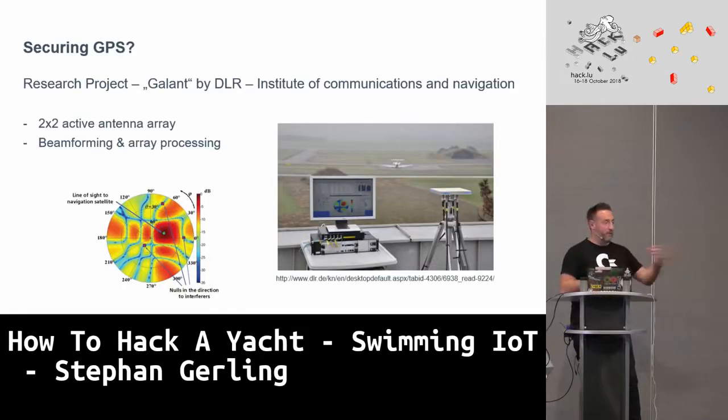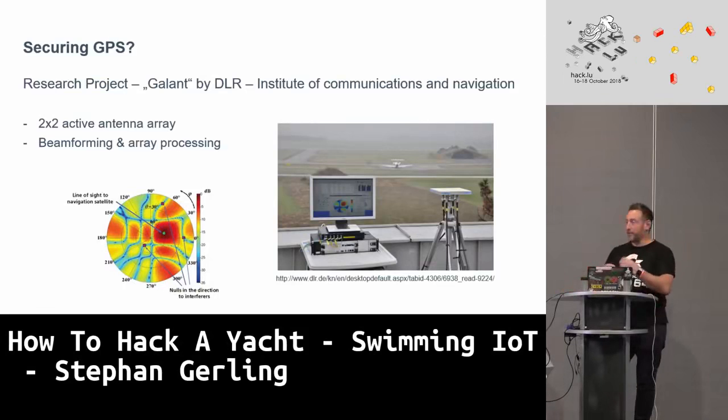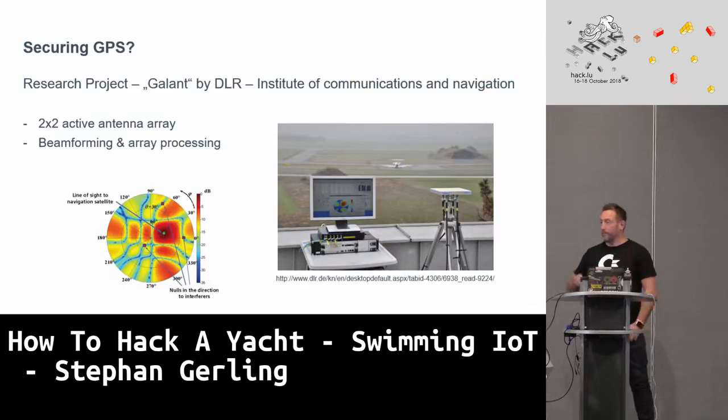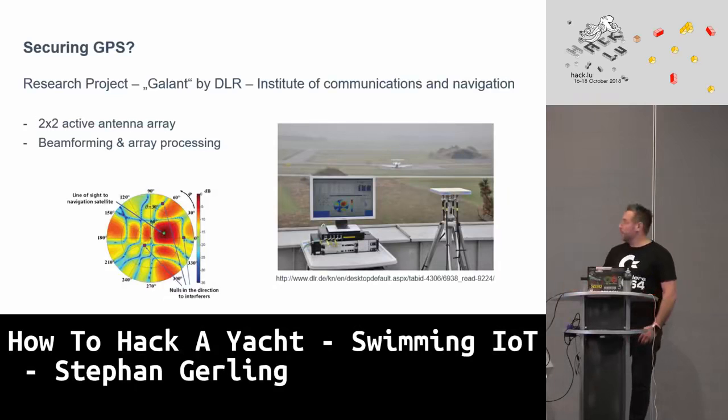Because it comes from a different angle, the antenna can calculate that it's coming from different directions, and you see some RF spectrum about that. And this is, by the way, the antenna. Then you can say, okay, this is a spoofed message or not. But it's still in the testing phase, but it's working quite well.